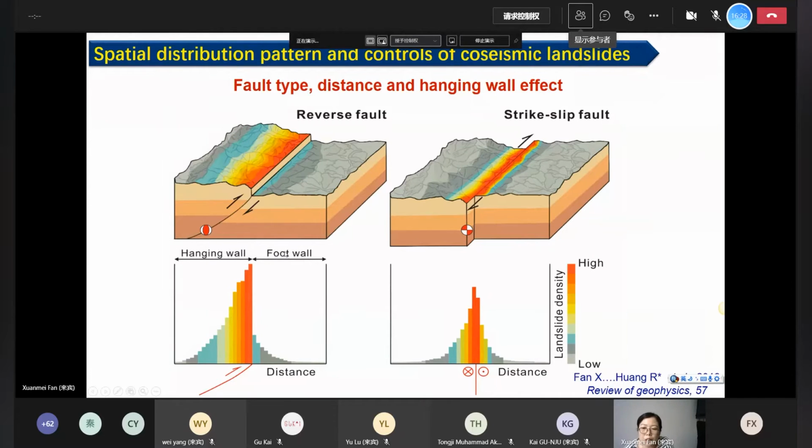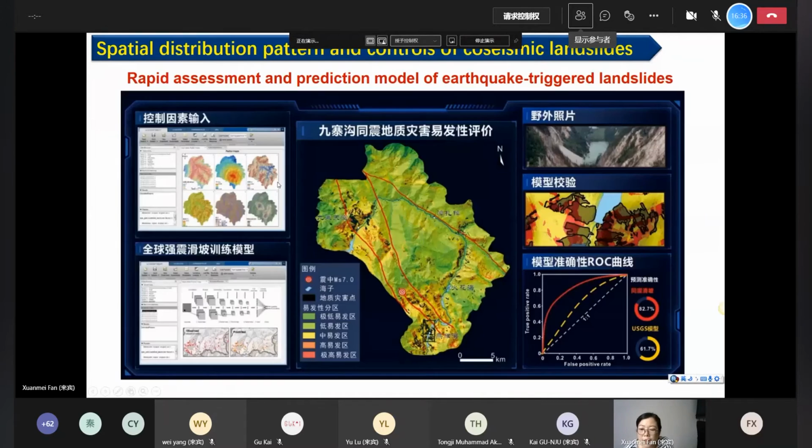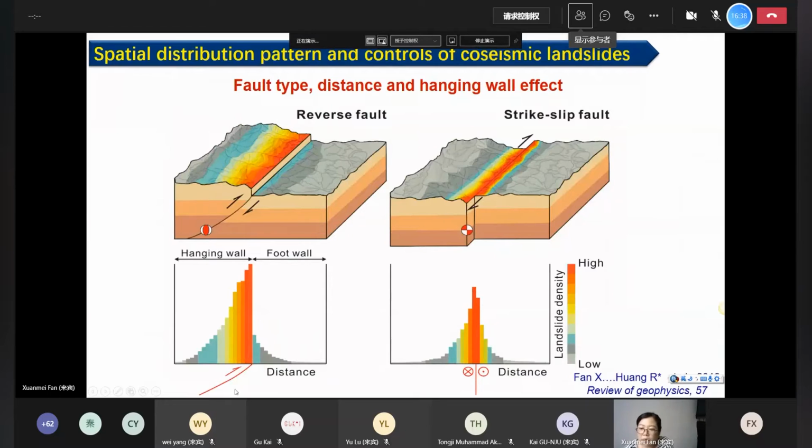As you can see here, most landslides are concentrated on the hanging wall of the thrusting fault, and there is also a very strong distance effect. Within 5 kilometers of the fault, the landslide density is the highest, and as the distance to the fault increases, the landslide density decreases.